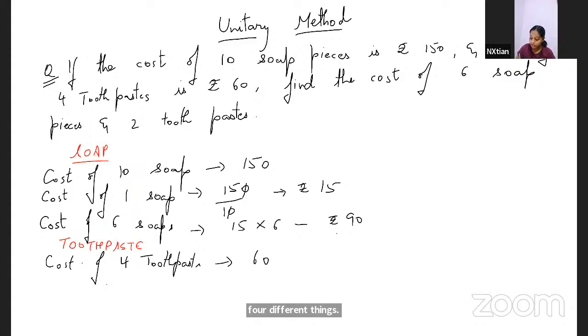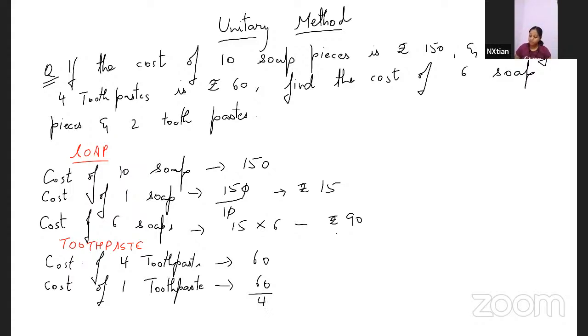Calculate the cost of one toothpaste. 60 by 4 is 15.